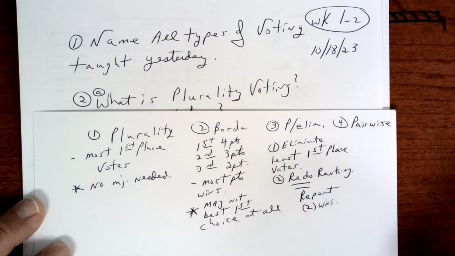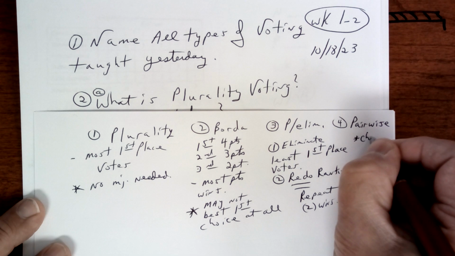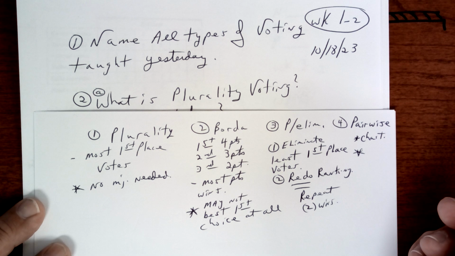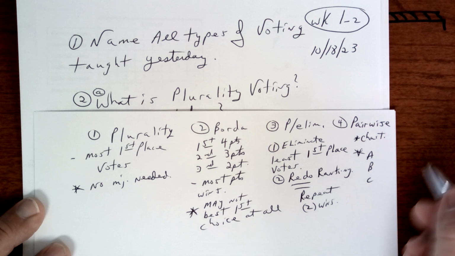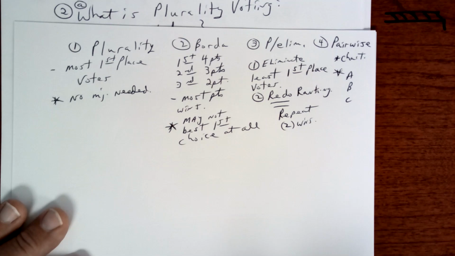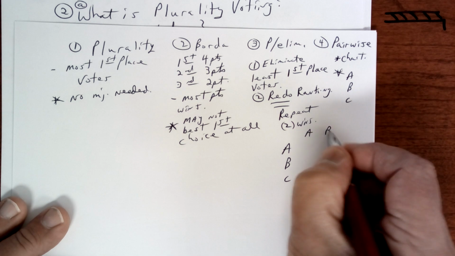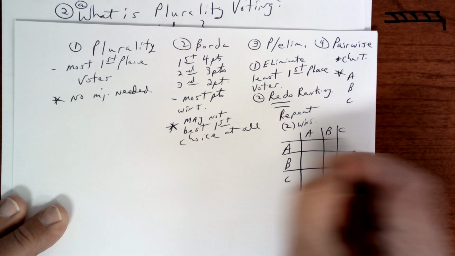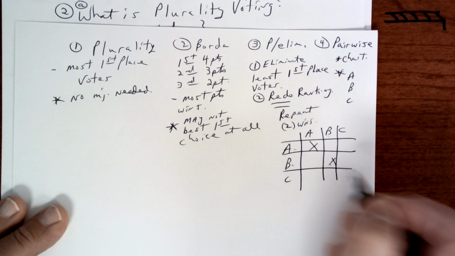Okay? And then pairwise, you have to make a chart. And you compare and see who wins. So if you're comparing A, B, and C, then your chart would look like this. It would be A, B, and C, and then A, B, and C. And you would compare not AA, so you mark that out, not BB, so you knock that out, and not CC.